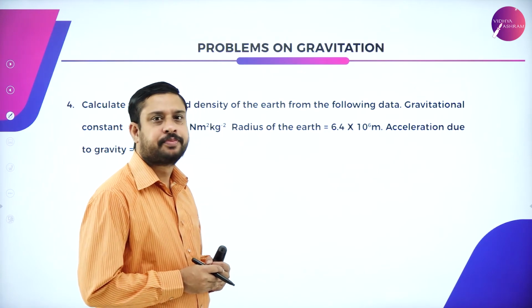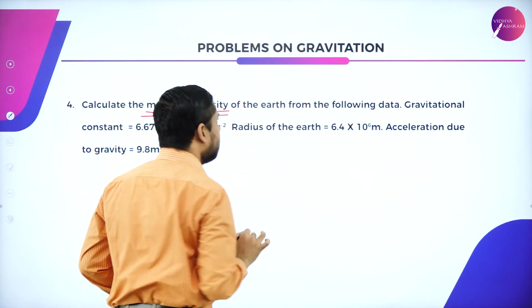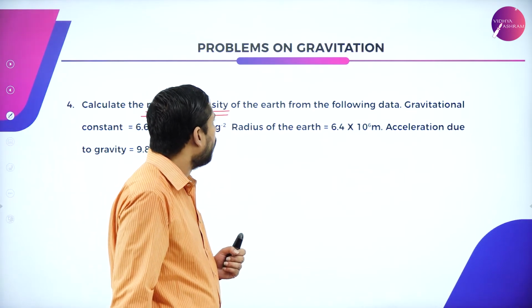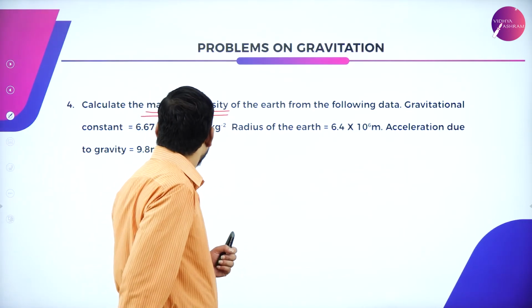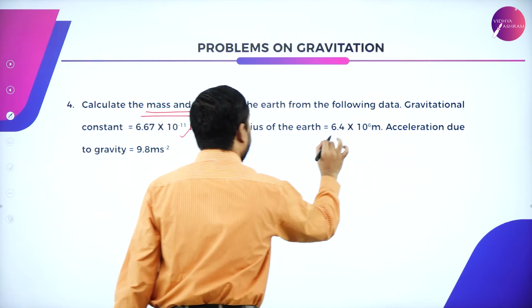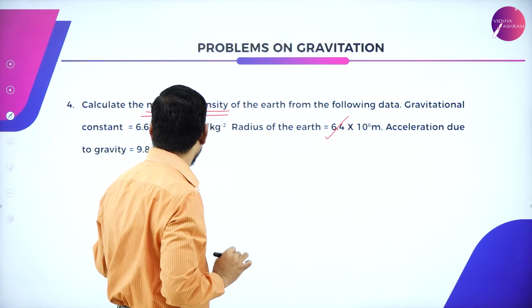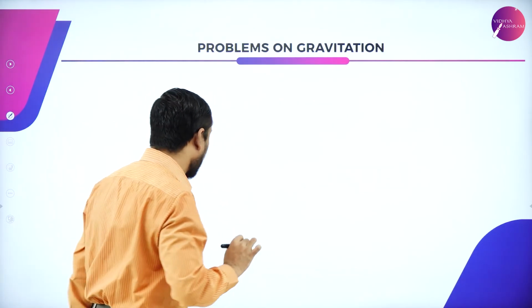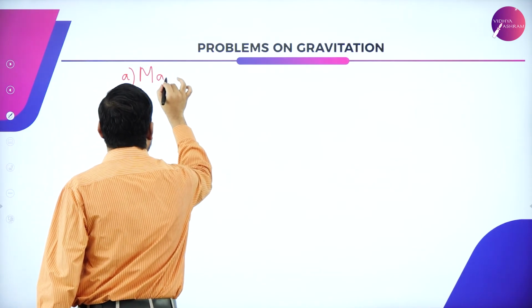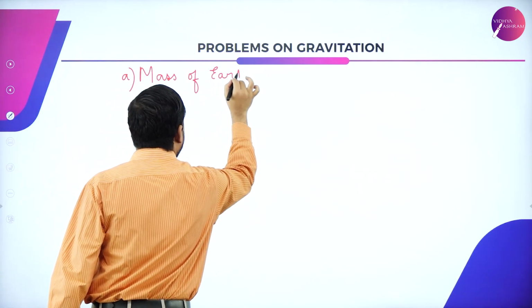The next problem. I have to calculate the mass and density of the earth from the following data. Gravitational constant, we know. Radius of the earth is given. Acceleration due to gravity is known. So the first part of the calculation is the mass of the earth.